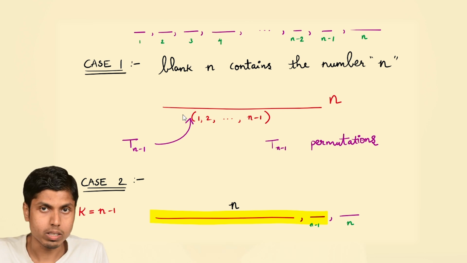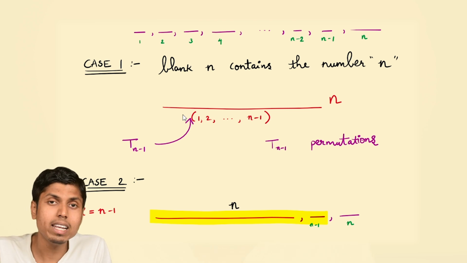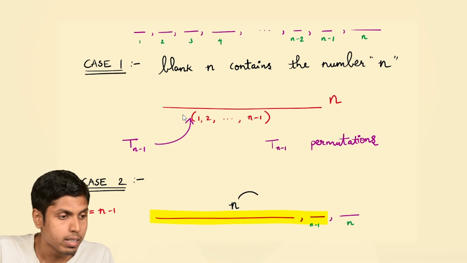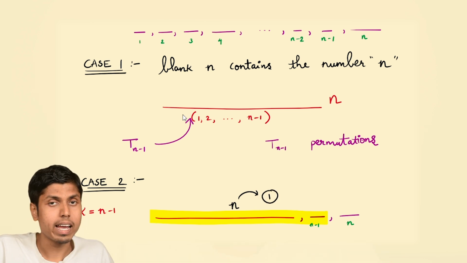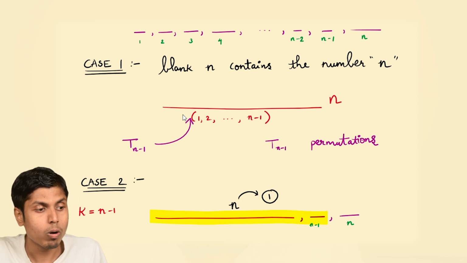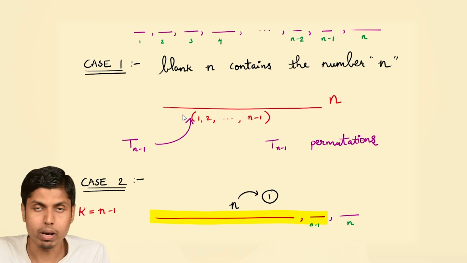Modulo n minus 1, n will be congruent to 1, or in other words, n leaves remainder 1 when divided by n minus 1. So that means 1 should not occur in this highlighted blank region, because n also leaves the remainder 1 and 1 also leaves the remainder 1 when divided by n minus 1.